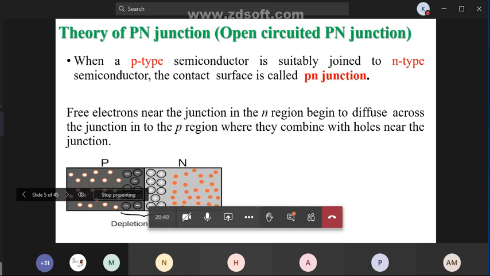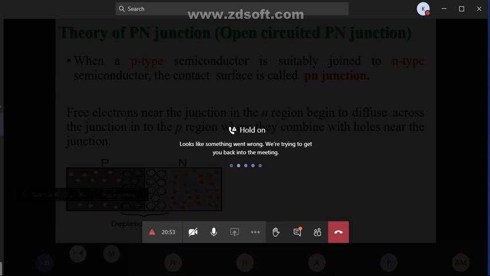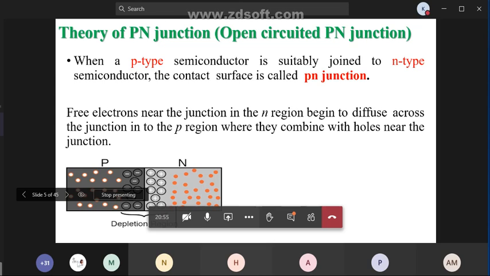right? So it is an open circuited PN junction. Here we are not applying any external voltage to this PN junction. Simply we are connecting one p-type material to one n-type material. So when a p-type semiconductor is joined to n-type semiconductor, the contact surface is called a p-n junction, right?